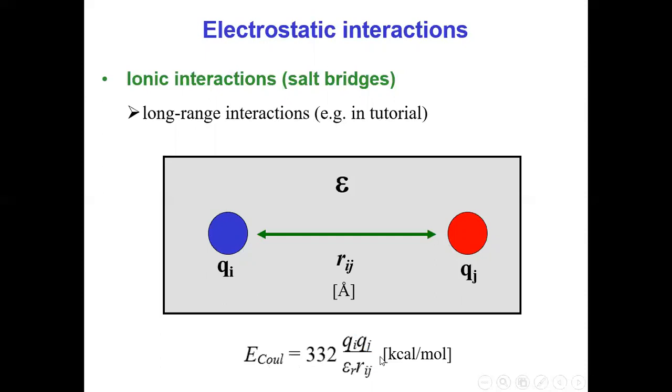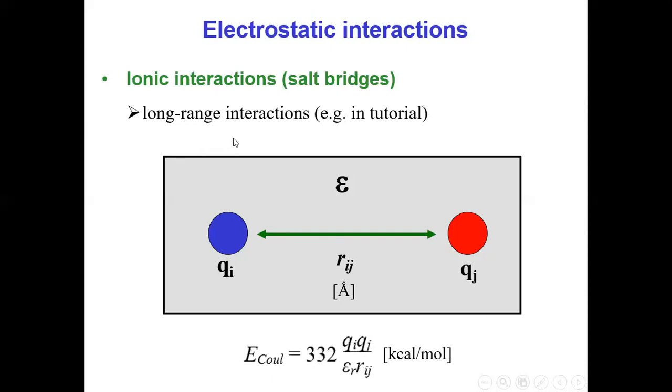If we want to get the energy in kilocalories per mole, which is usually what biochemists prefer, we should use charge units of electron charges, 1, 2, 3, and so on. The distance should be in angstroms, and we should multiply the entire expression by 332, which is a prefactor that gives us the energy in kilocalories per mole.